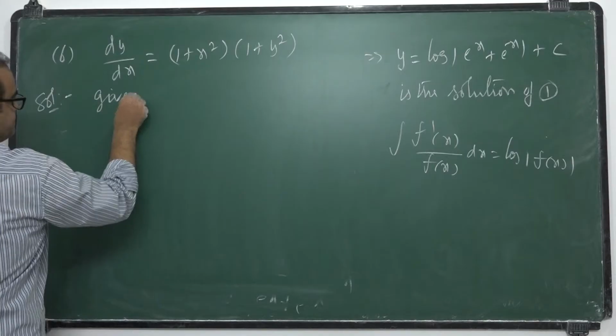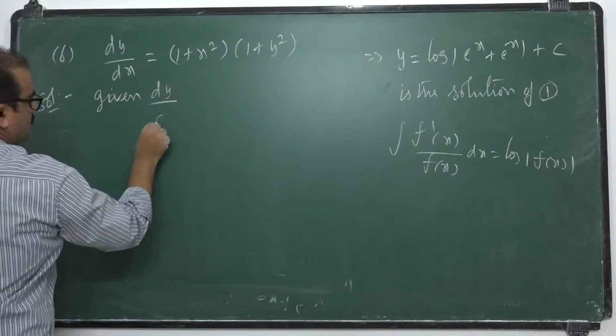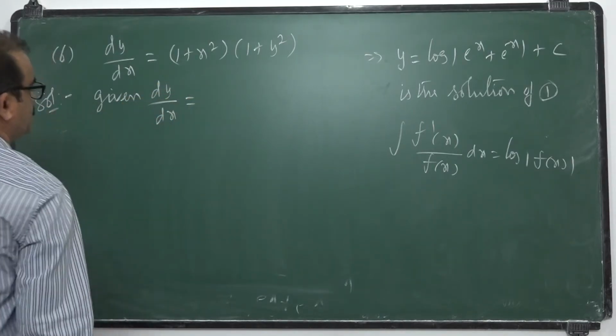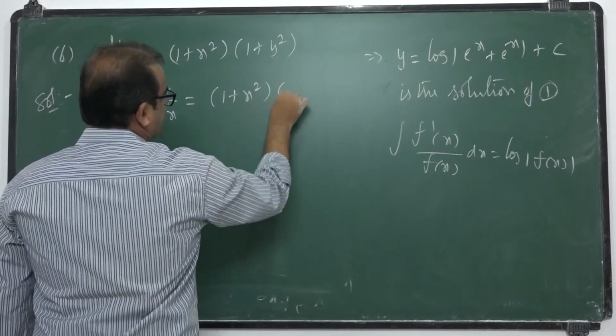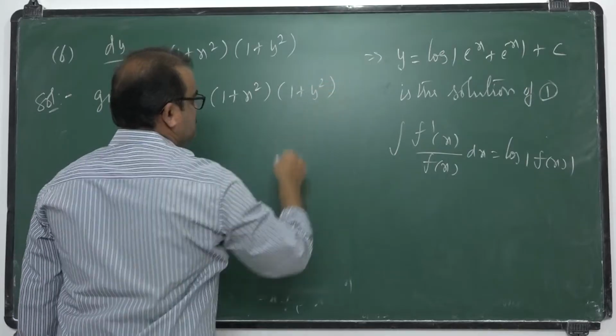Given dy by dx is equal to 1 plus x square into 1 plus y square.